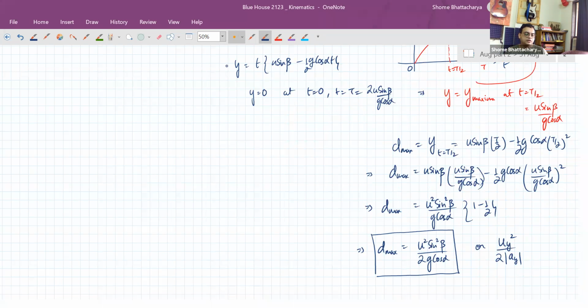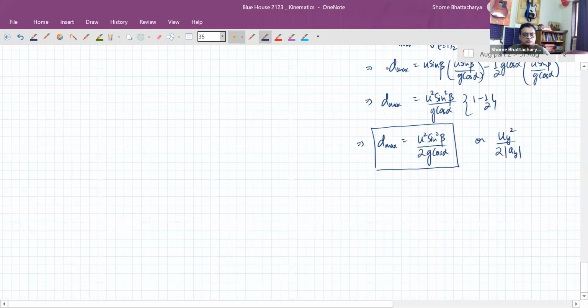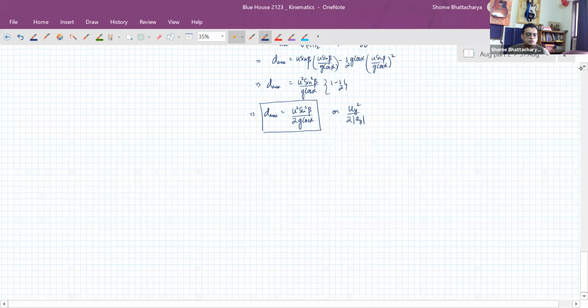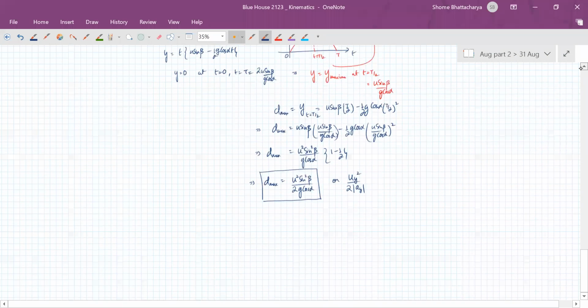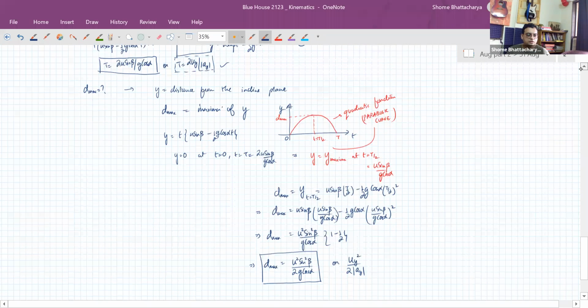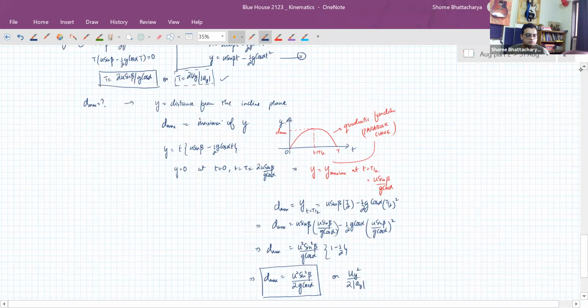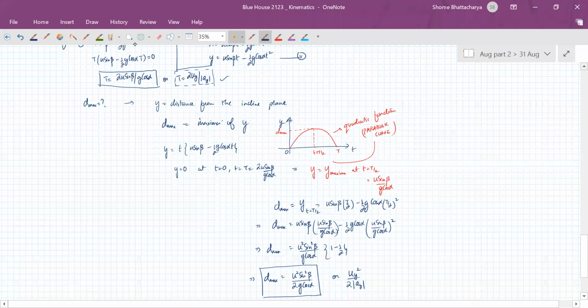Here it is u sine beta, and the denominator, instead of ay being equal to g in magnitude, is g cos alpha. So this is the formula for the maximum distance from the inclined plane. Just make a note of this, people.